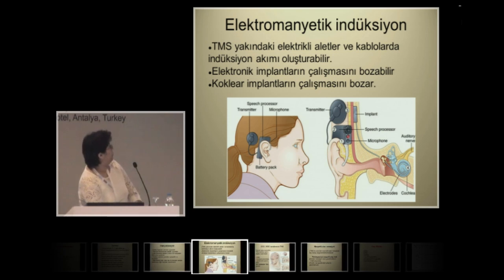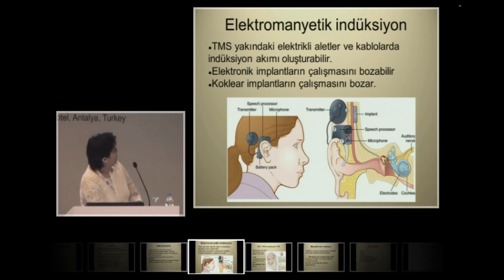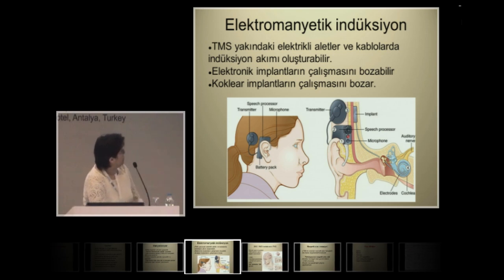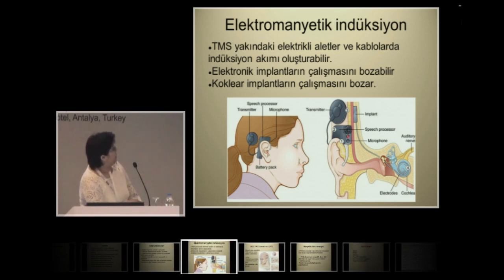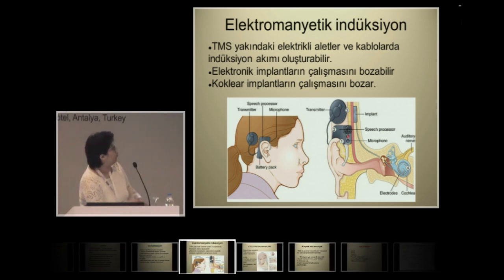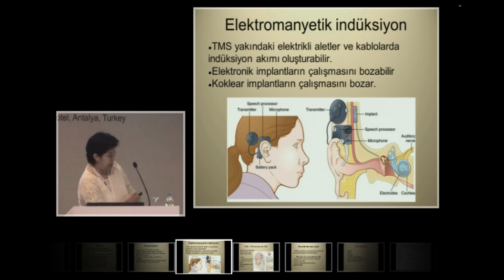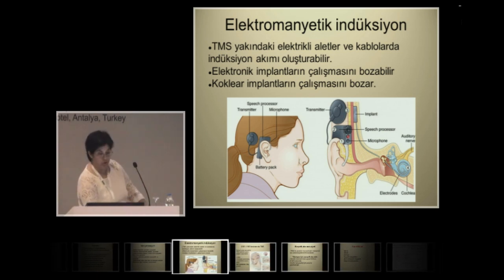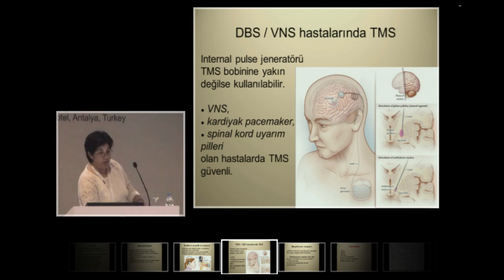There is a transmitter, there's a processor, and on the inner side you have the cord, and the electrode goes down into the cochlea. So when you deliver a stimulus, the risk of dislocation is very low, but it may interfere with the functions of the device, because it's a complex electrical device at the end of the day.